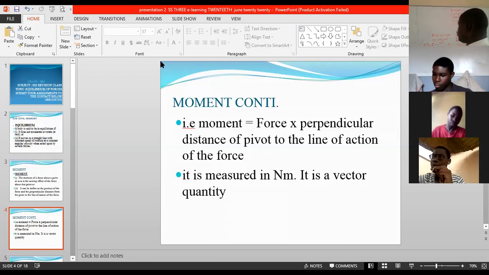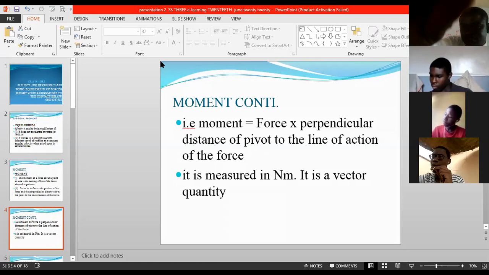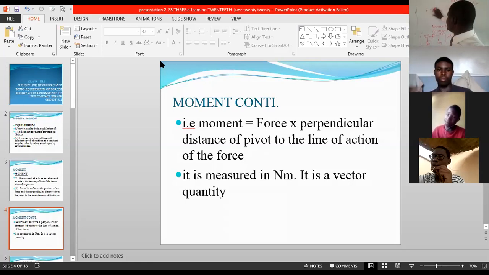Now, how is the dimension of any of them? Let's pick work. Work is force multiplied with displacement, F multiplied with S. Now, F is ma, mass times acceleration.